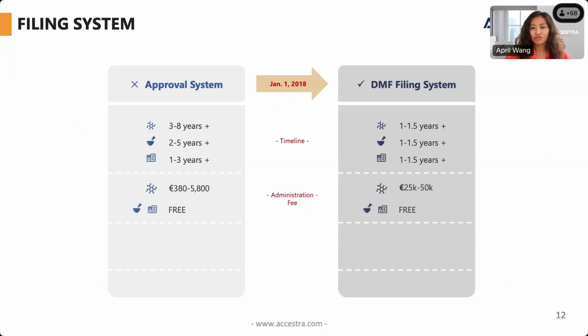For the administration fee, it has been adjusted to around 25,000 euros to 50,000 euros for APIs, and it remains no charge for excipients and packaging materials. Previously, NMPA issued an approval license, now using the filing system with APIs receiving an acceptance and approval notice. And the new system requires an annual report every year.